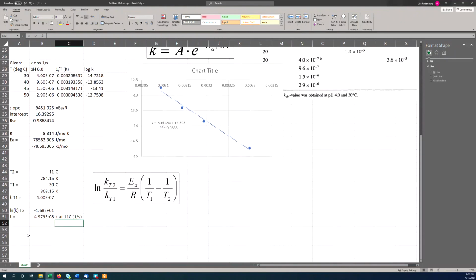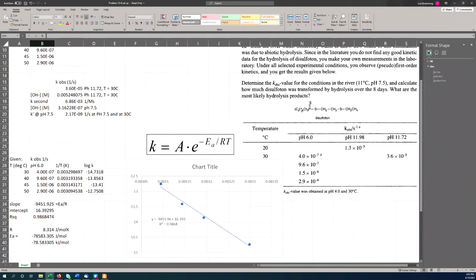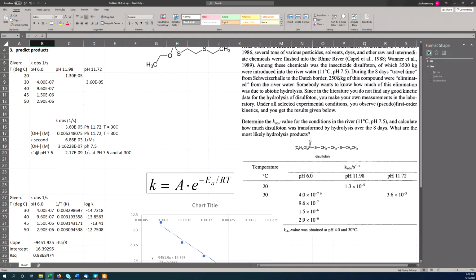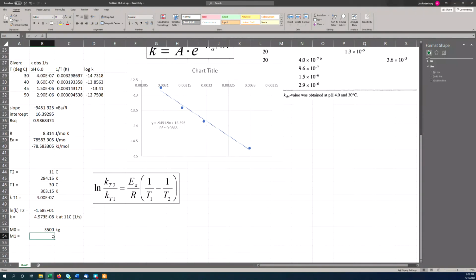So M0 equals 3,500 kilograms, and mass at time 1 equals, what did they say was gone? 2,500 kilograms of this compound have been eliminated, which means that only 1,000 are left. Right? Okay, so that's M1 over M0.